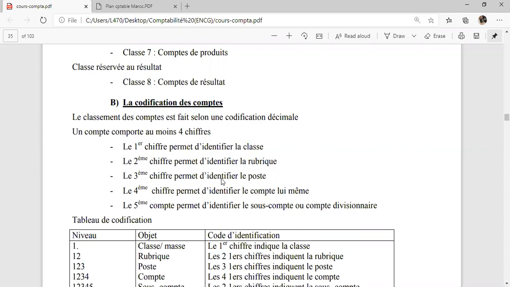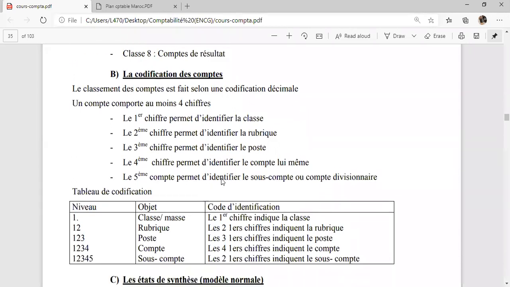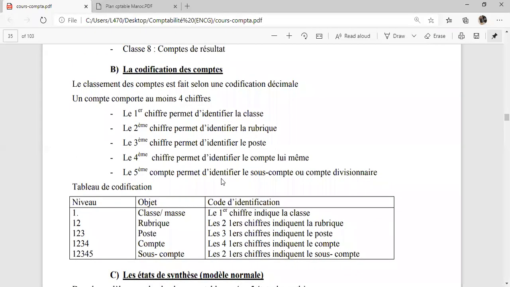For those who don't have it, follow me via the screen. An account like capital social is 1111. Those are four ones, and each figure has a representation, it means something. You don't just jump straight to 1111.